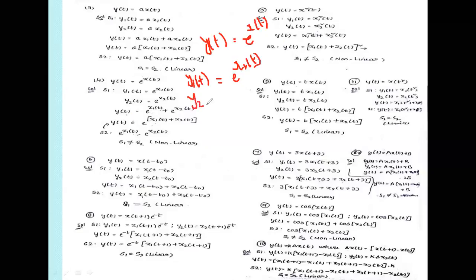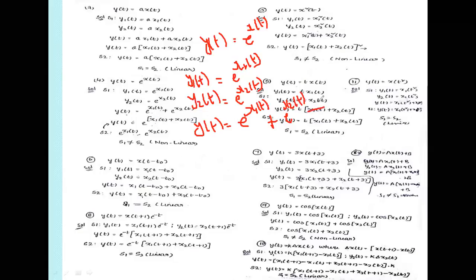And y2 of t is the response for the input x2 of t. Then we can add the two signals, y of t is equal to e power x1 of t plus e power x2 of t.